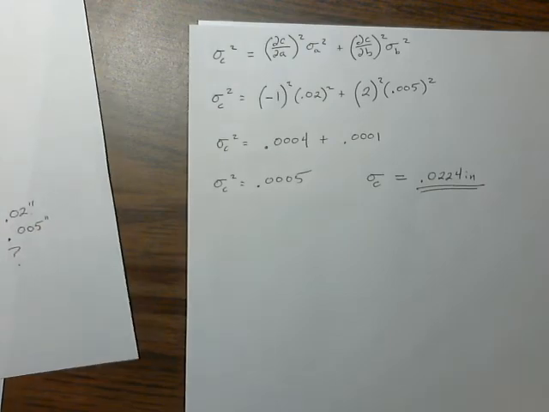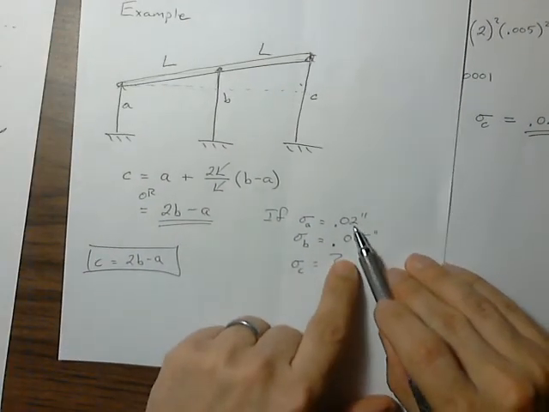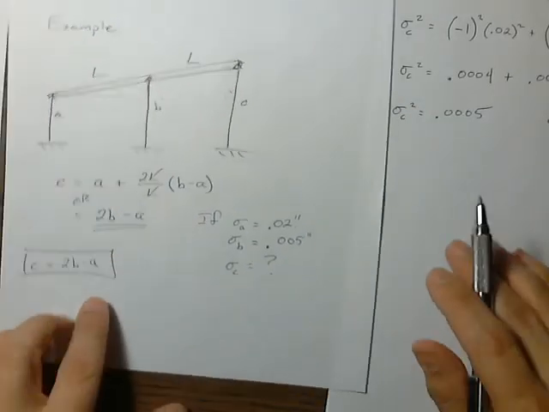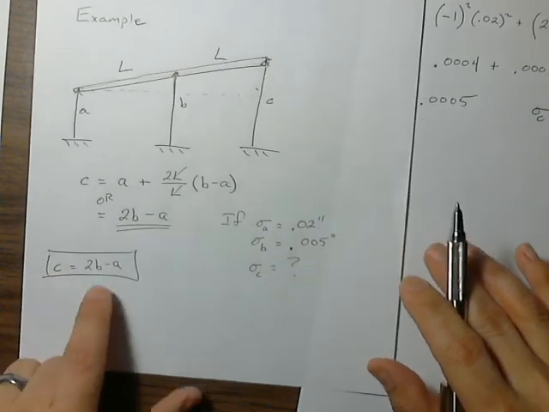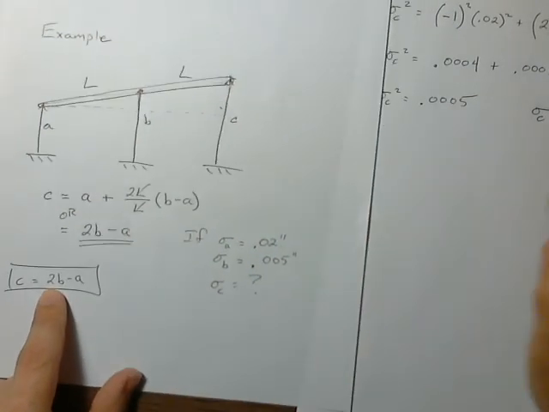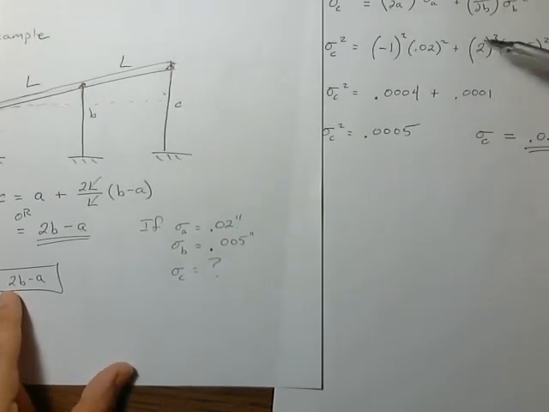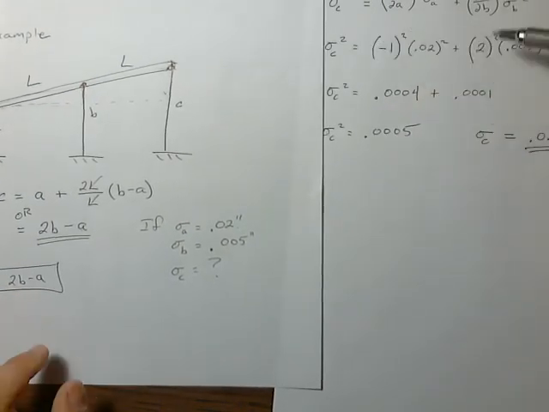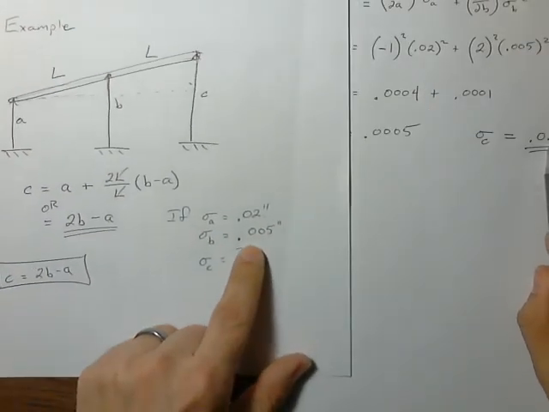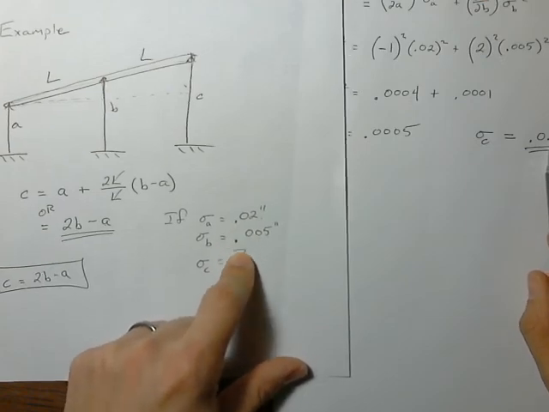All right, so notice what happened. It is impossible with this relationship. There was no way, because all of these partial derivatives are 1 or bigger, right? There's no partial derivative that's less than 1. The sum of the variances can't possibly be less than any one of the variances.